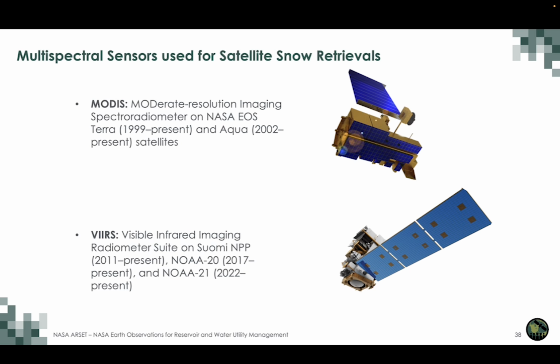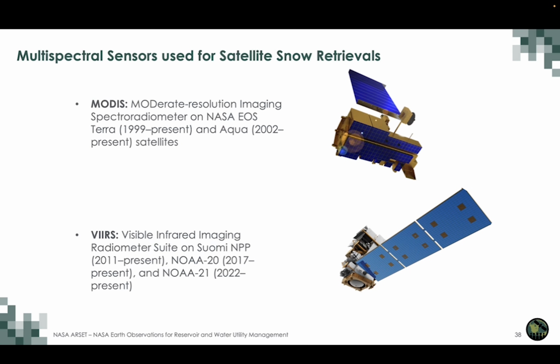To ensure we maintain these critical observations into the future, we now also use VIIRS, or the Visible Infrared Imaging Radiometer Suite. This instrument flies on a newer generation of satellites, including Suomi NPP, NOAA 20, and NOAA 21. For watershed managers and hydrologists, the overlap and transition between MODIS and VIIRS is incredibly important.